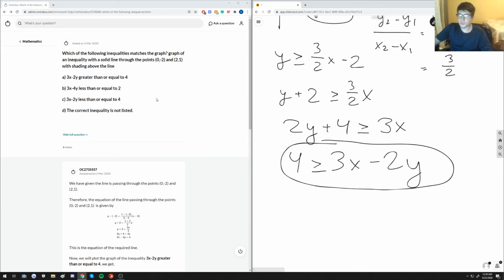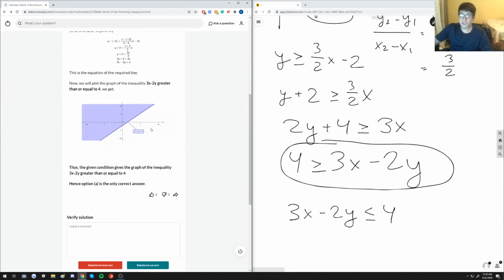No, we need the other way of writing this: 3x minus 2y is less than or equal to 4, which is definitely not what A says. Then 3x minus 4y, we don't have a 4y in our answer. And then 3x minus 2y is less than or equal to 4. So here I would definitely take C to be the correct answer, as it is the only correct answer choice.